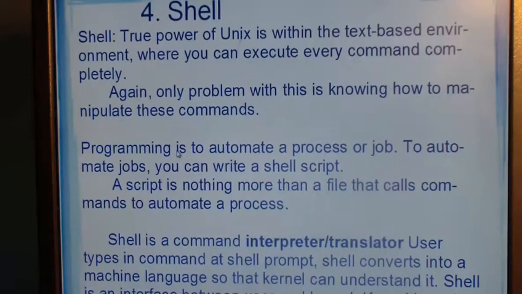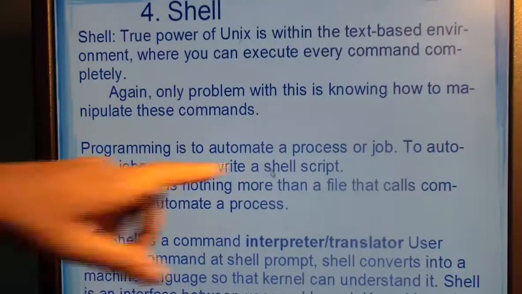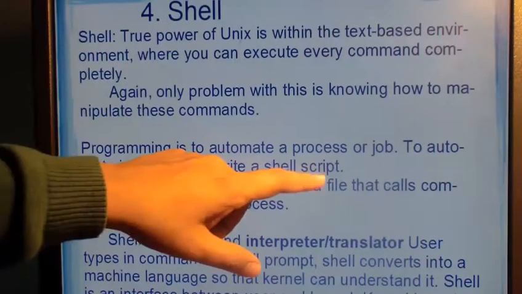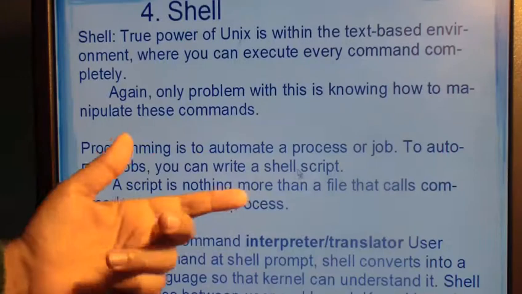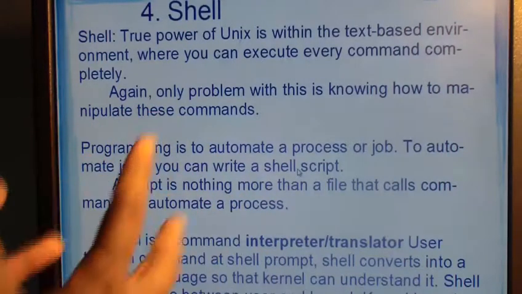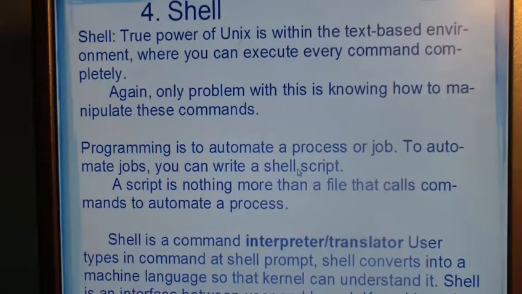Programming is to automate a process or job. This is called programming. To automate jobs, you can write a shell script. Shell, and script. There are some tasks, you can put those tasks in the script and execute it.